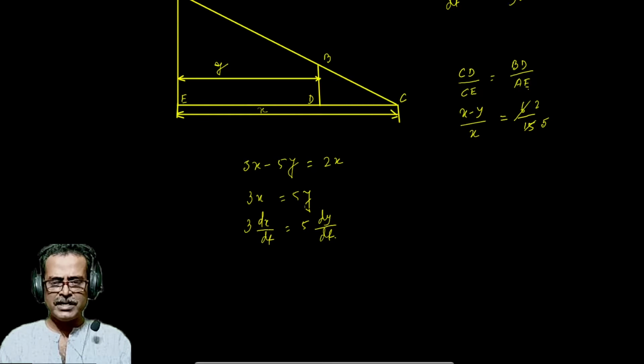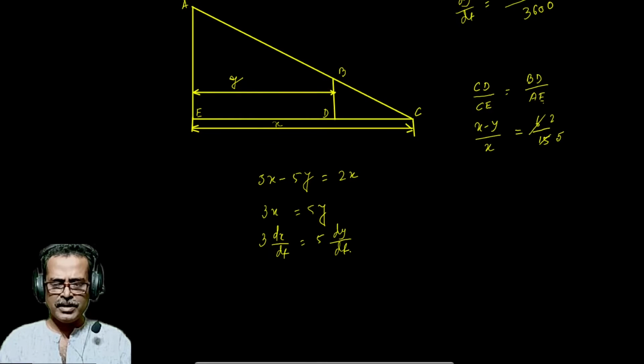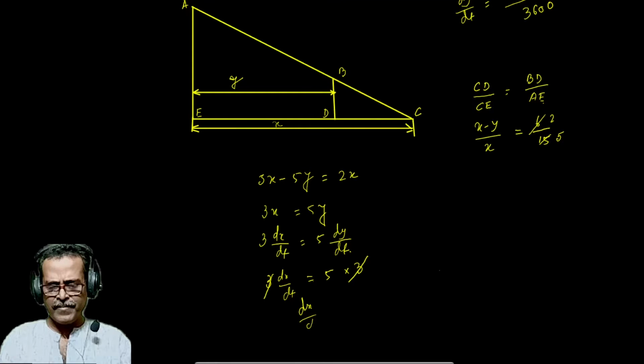We have to find dx/dt, and dy/dt is equal to 3 miles per hour. Five into 3 miles per hour. So dx/dt is equal to 5 miles per hour.